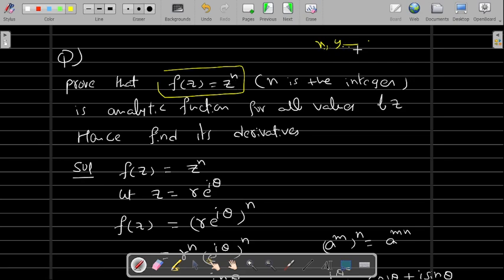Yes, we can, but when you take z power n, that is x plus iy whole power n, the expansion gets complicated. That is the reason we applied polar form. You can expect this like a long question, 5 marks, 6 marks. Thank you.